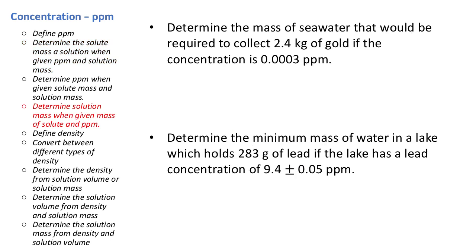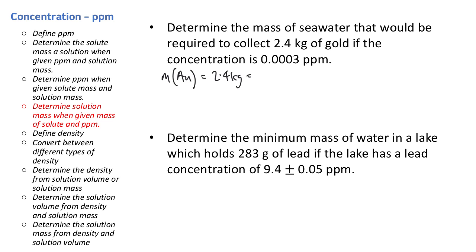The next one. So now we're going to find out the mass of the solution when given the parts per million and the mass of the solute. Determine the mass of seawater that would be required to collect 2.4 kilograms of gold if the concentration is 0.0003 parts per million. So we need to convert stuff into the right unit. So the mass of the gold, it's 2.4 kilograms, right?